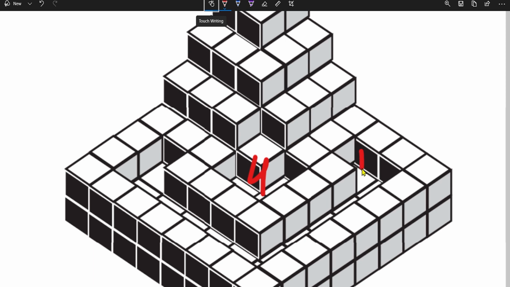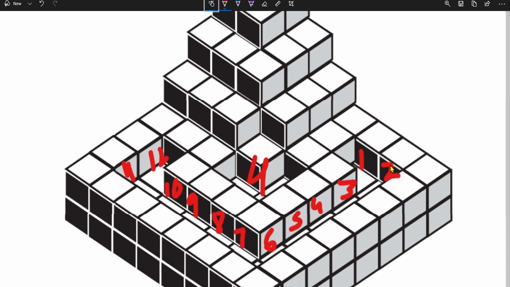And here we have 1 2 3 4 5 6 7 8 9 10 11 12. So I think we have 12 blocks missing over here. Can you guys confirm that?